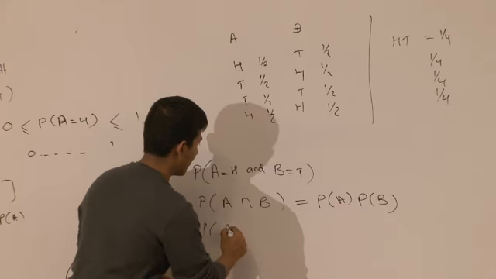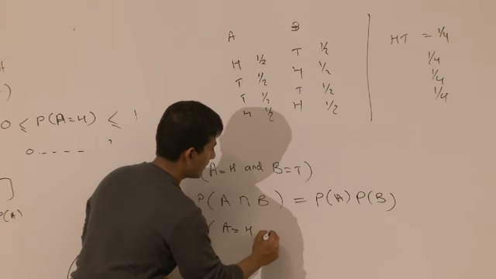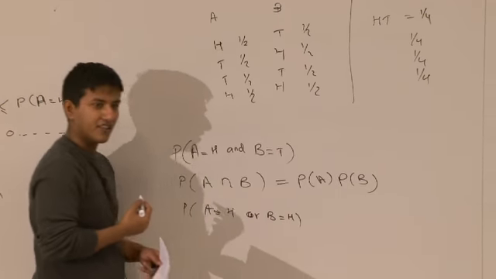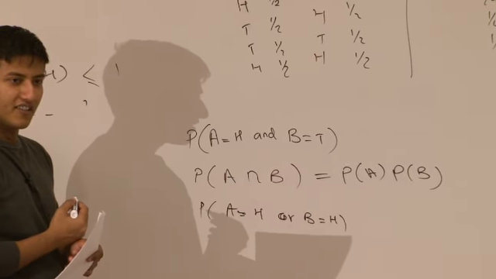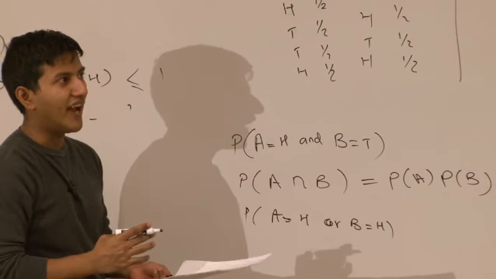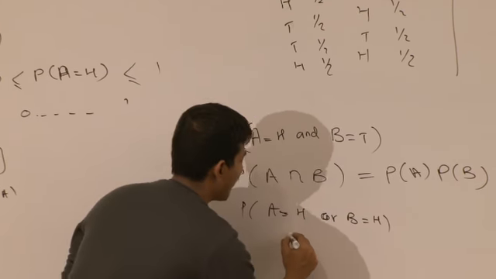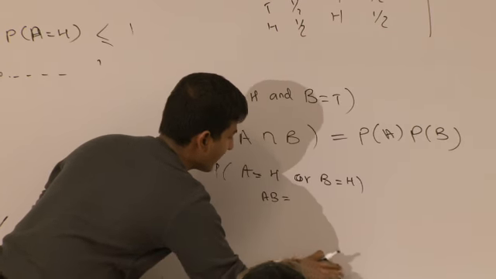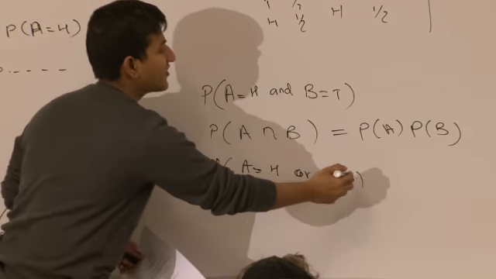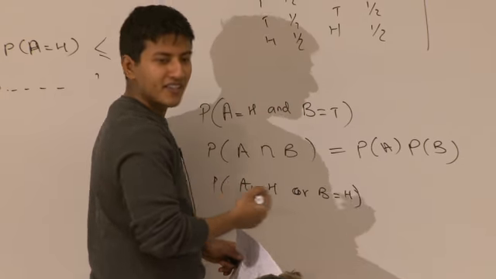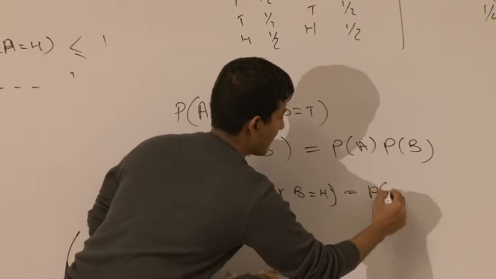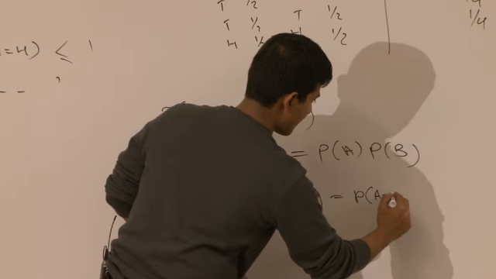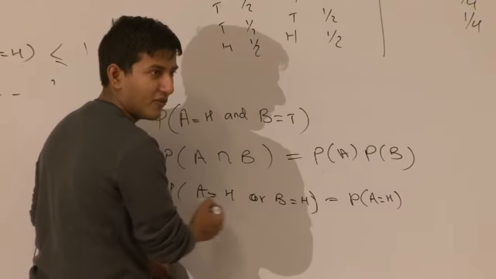It would be something like A is equal to H or B is equal to H, or probably at least one. I can also represent it something like this. Okay, this is sufficient anyway. So what are the possible events?